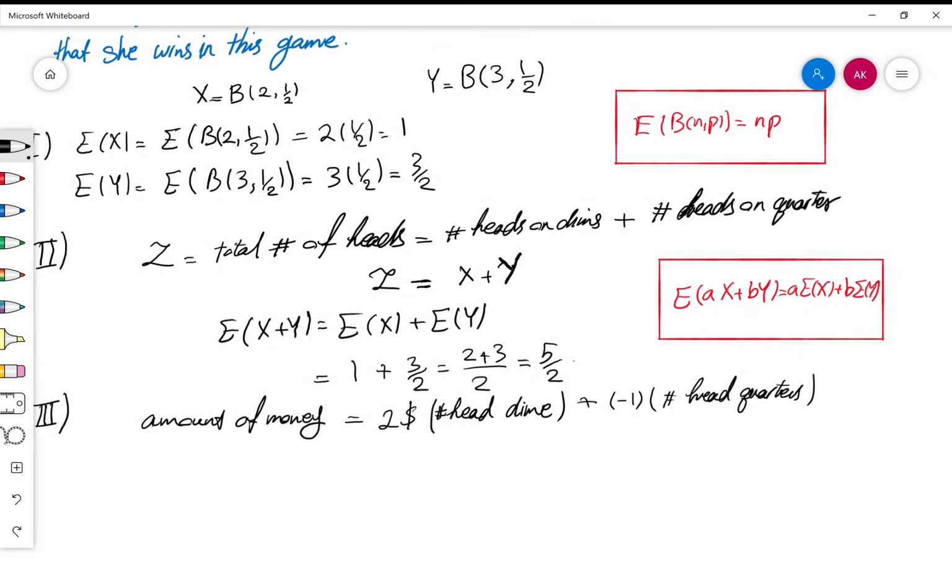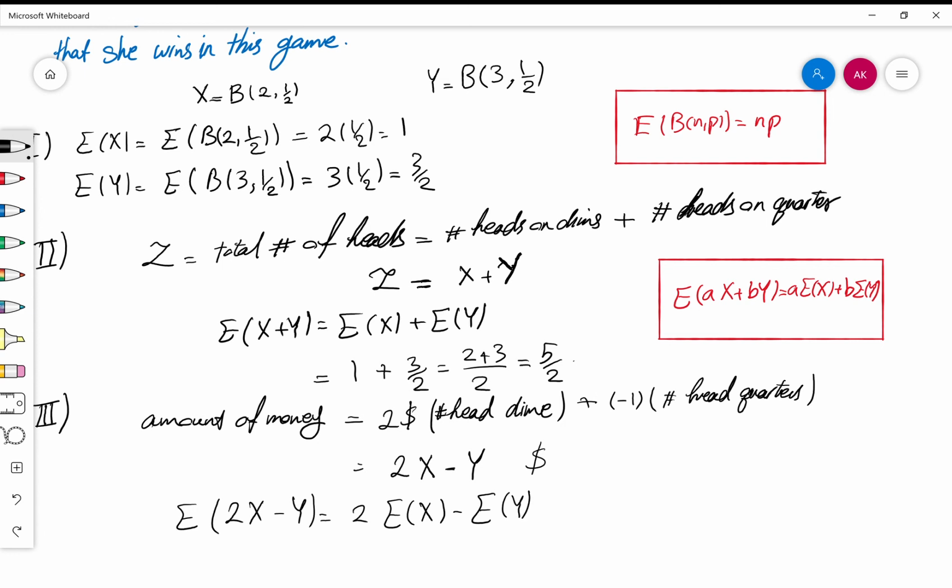But the number of heads on dimes and the number of heads on quarters are random variables already. So we have 2 times x minus y. This will be a number in dollars, a random dollar amount basically. And we are trying to find on average how much money she will win. So this will be 2 E of x minus E of y.